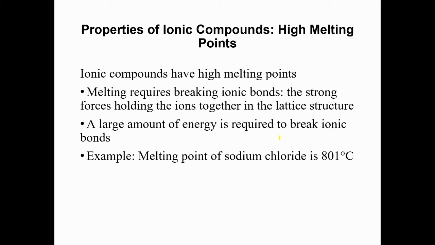It requires a very large amount of energy to break those ionic bonds. So if you add heat to, say, a big sample of sodium chloride, you can eventually get it to melt, but it is a very high temperature. You see it there, 801 degrees Celsius to melt sodium chloride into liquid sodium chloride.